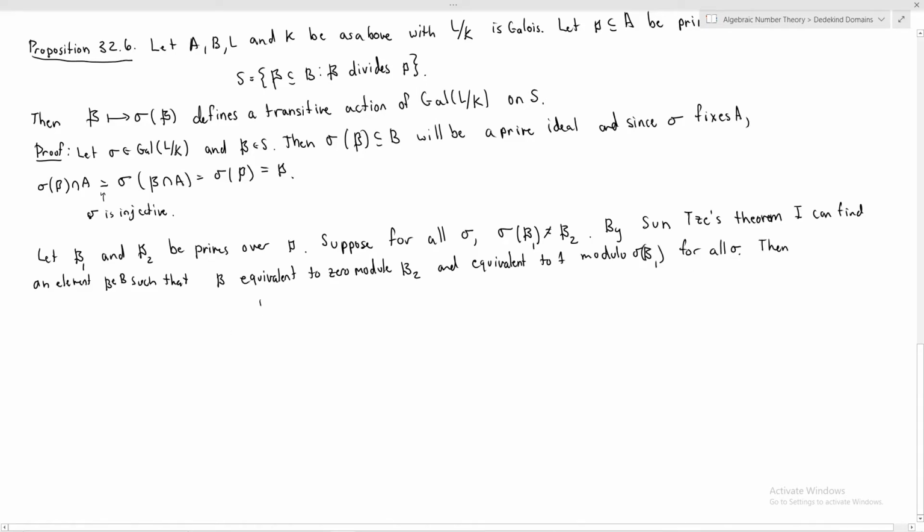For this beta, beta is going to be in the second prime ideal, but not in any of the sigma of B1s. And this is for all sigma in the Galois group.